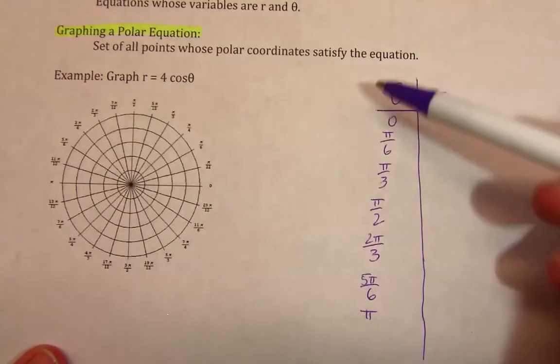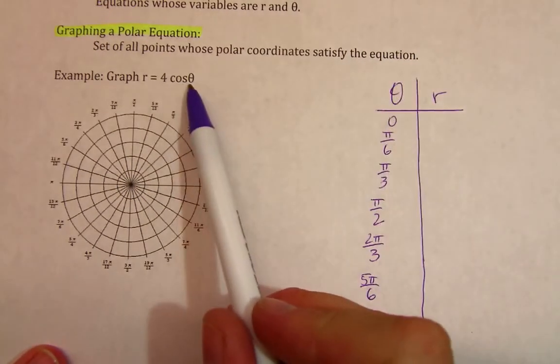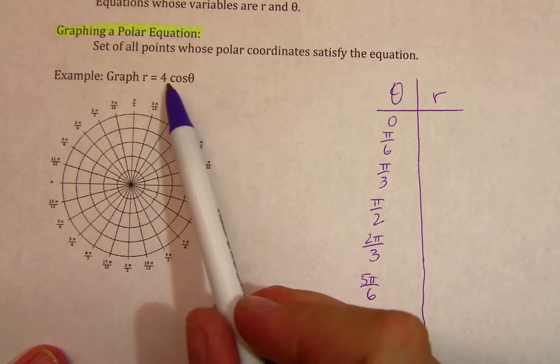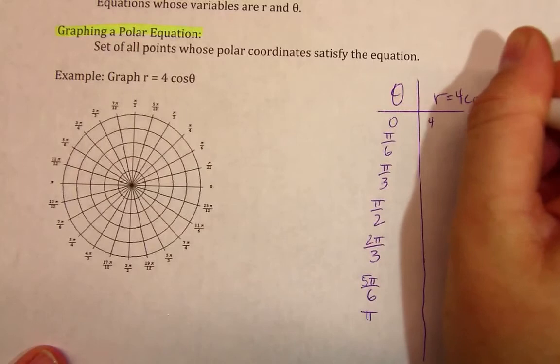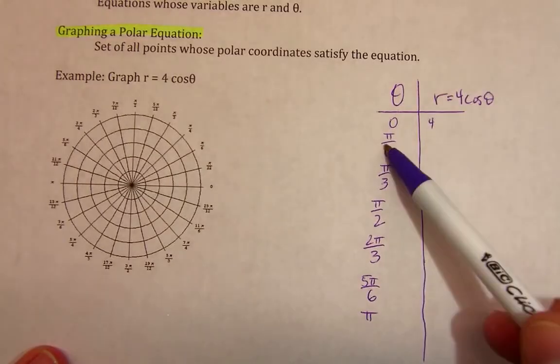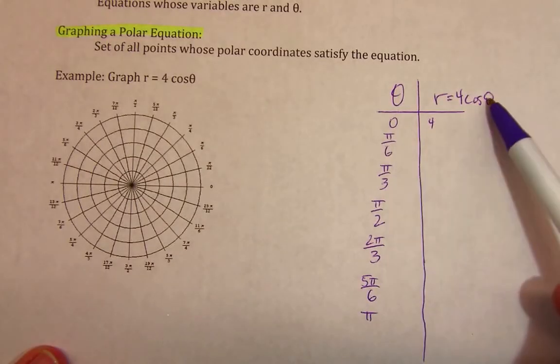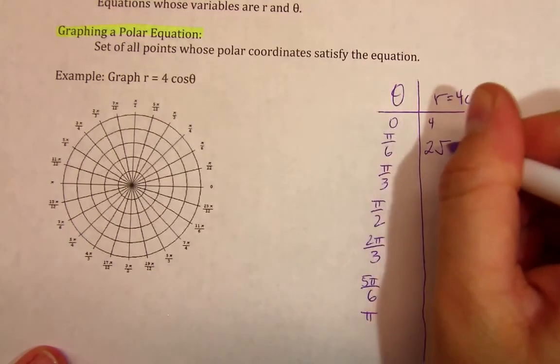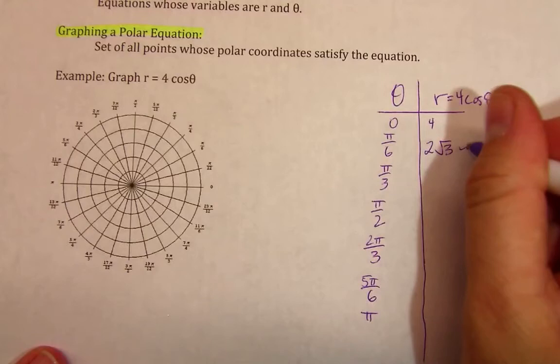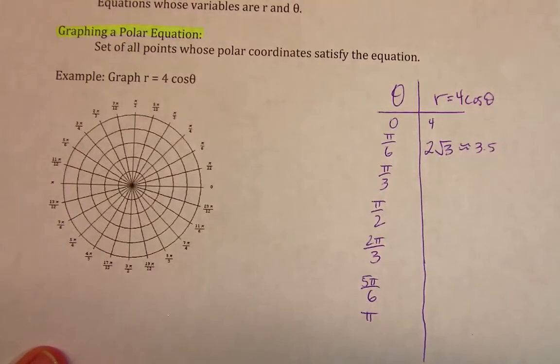Okay, so plugging in 0, cosine of 0 is 1, times 4 is going to be 4. Plugging in pi over 6, well, that's root 3 over 2 times 4, which is 2 root 3, about 3.5.